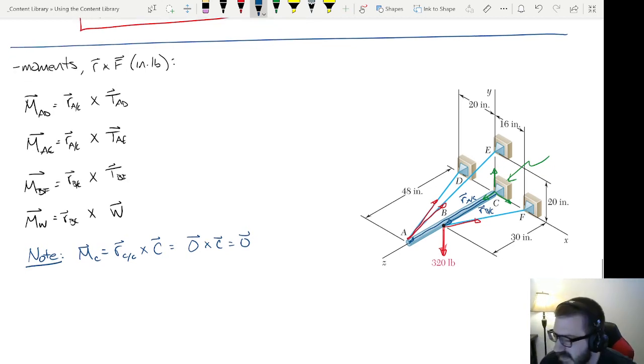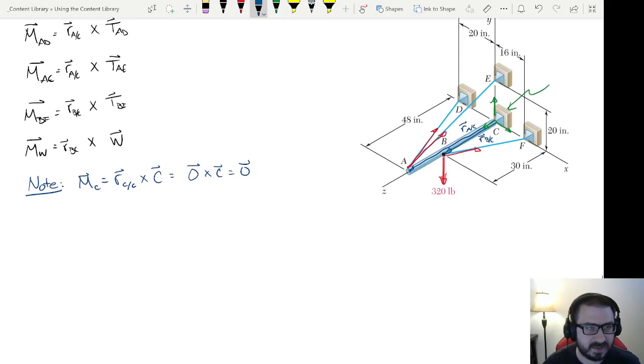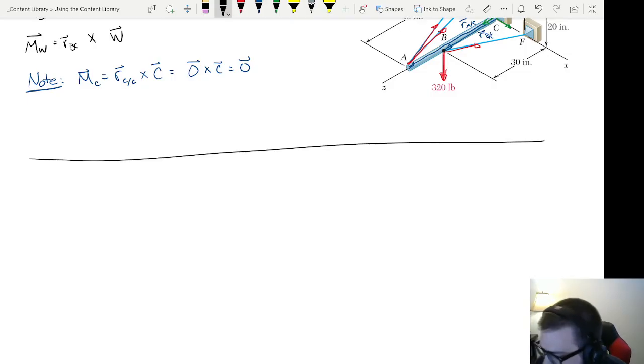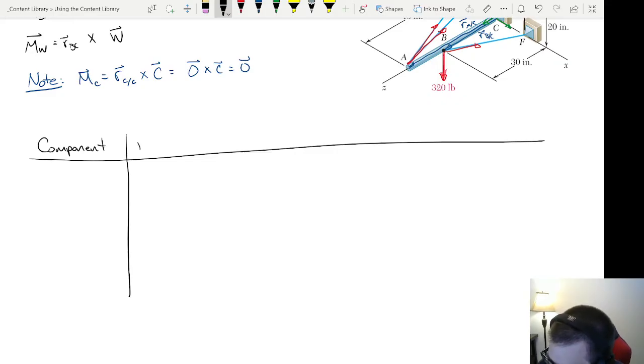All right, so I'm an engineer. I like tables, so let's see if we can organize this in a tabular fashion. We'll say component. We'll put R, and we'll put that in inches. Then we'll have a force vector in pounds.